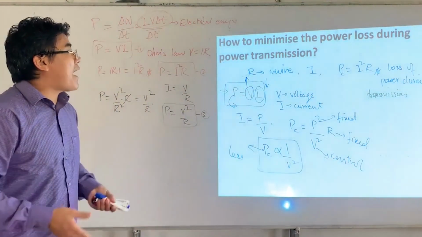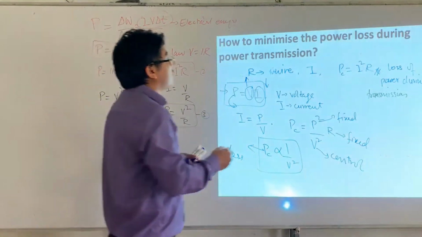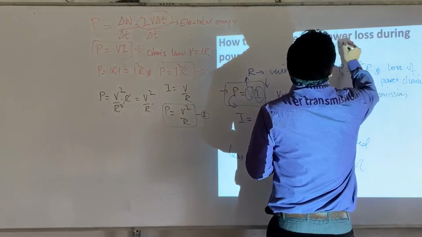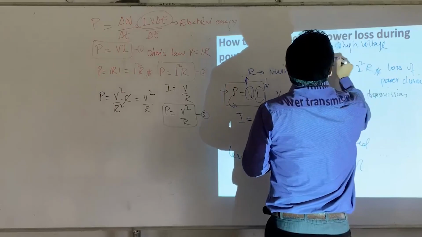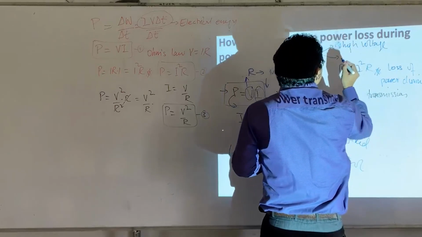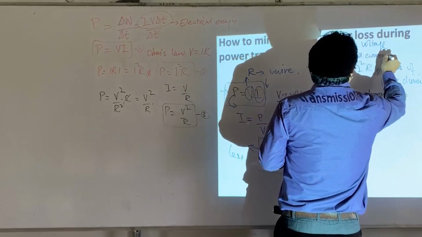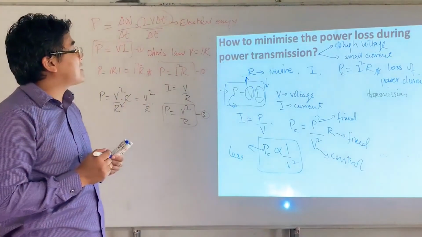Therefore, we can minimize the power loss in transmission by sending high voltage and a very small current. This is how we are able to minimize power loss.